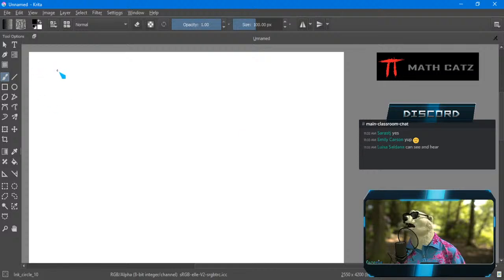Today we are doing my numbering topic 1E, which is applications, application of quadratic functions.